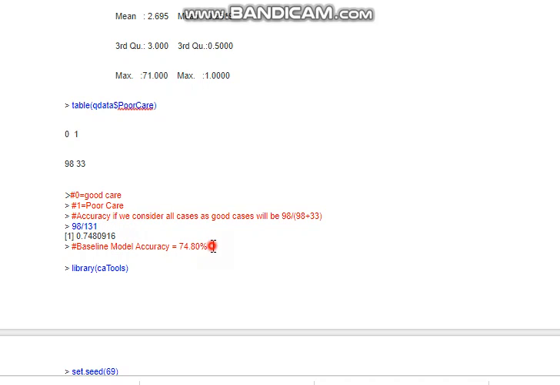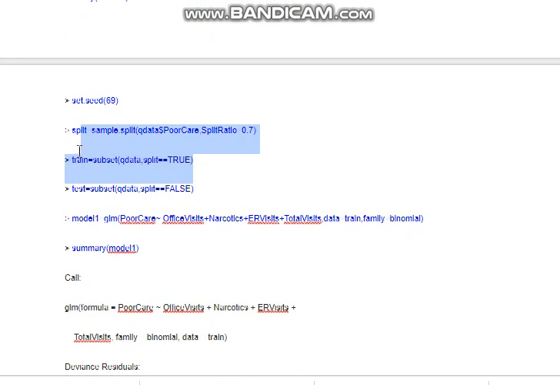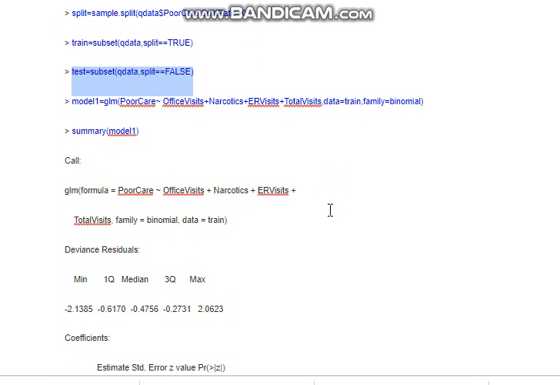For that, first we use the library caTools, which splits the data into two sets, a training set and a test set. After that we implement a model. We actually implement three models containing different attributes.